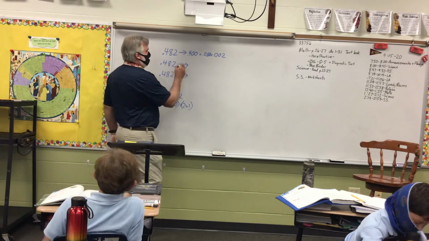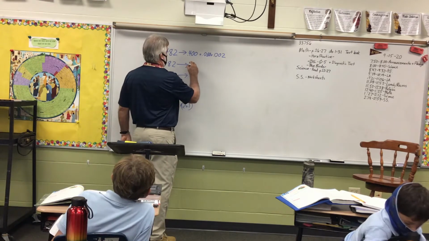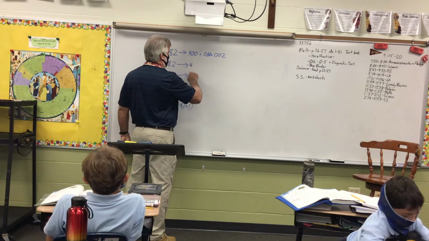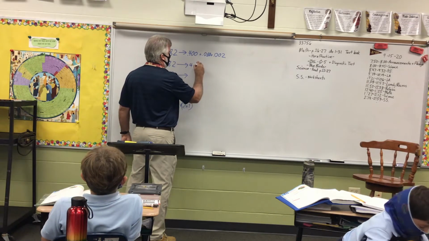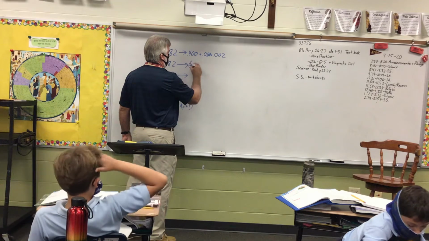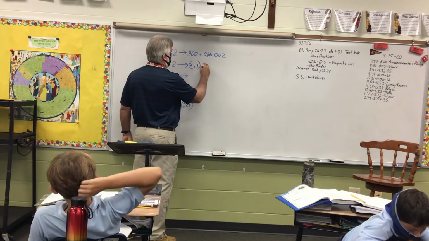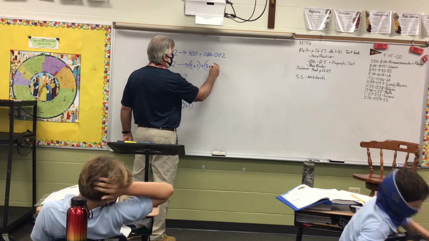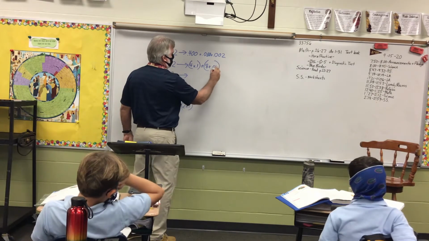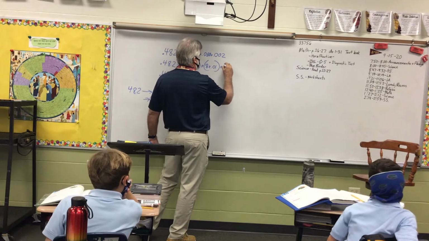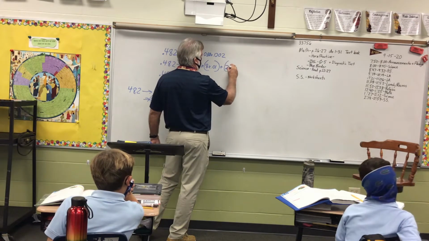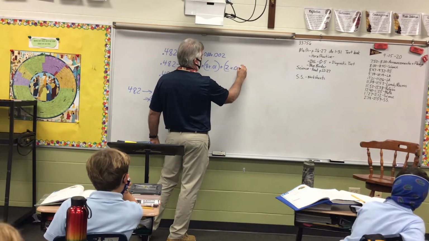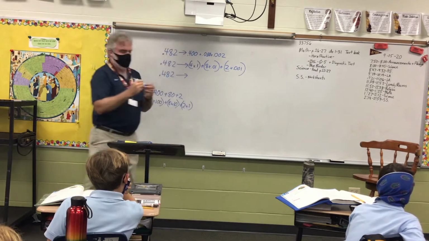Now, the next way is I'm going to have 4 times 0.1 plus 8 times 0.01 plus 2 times 0.001.